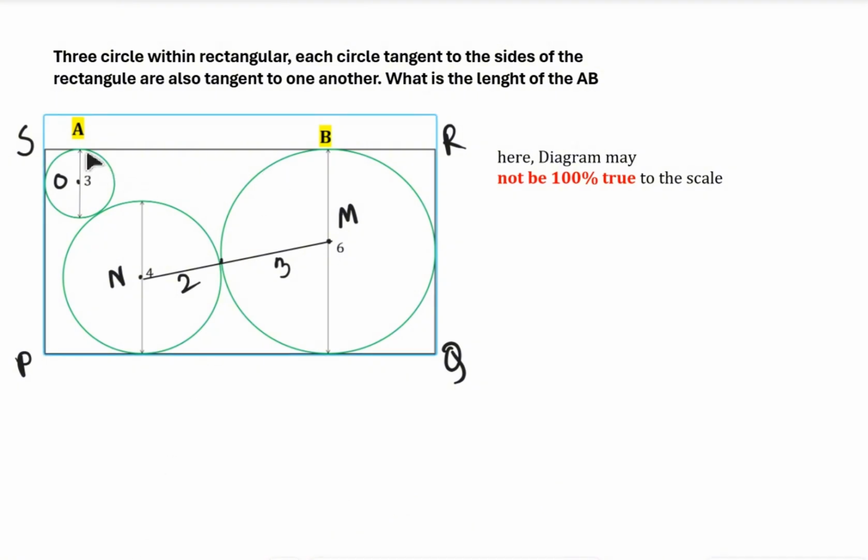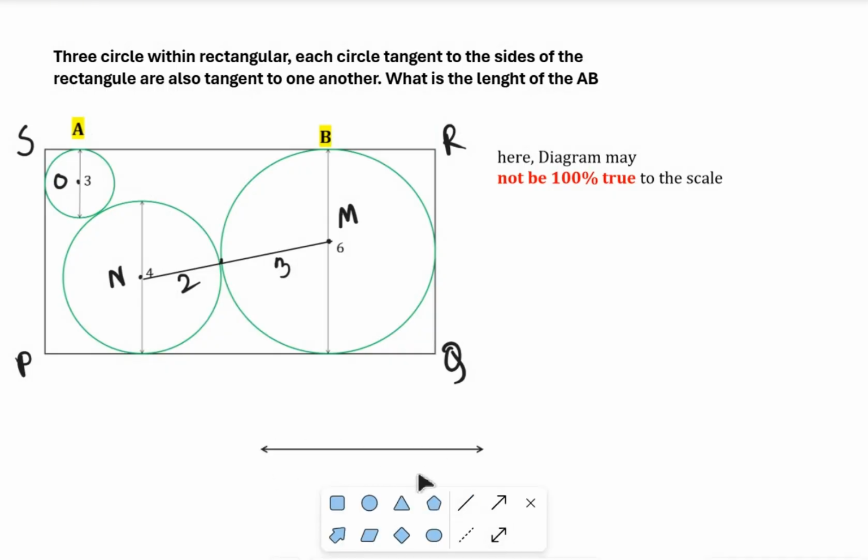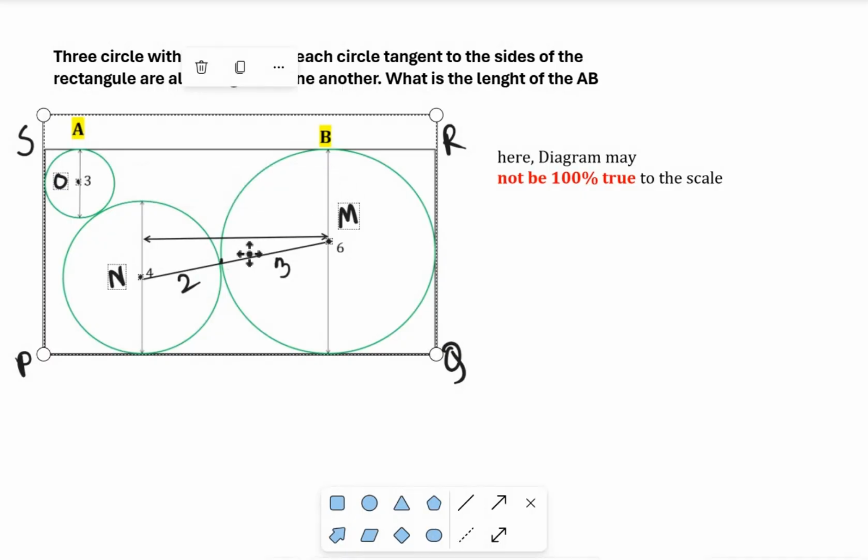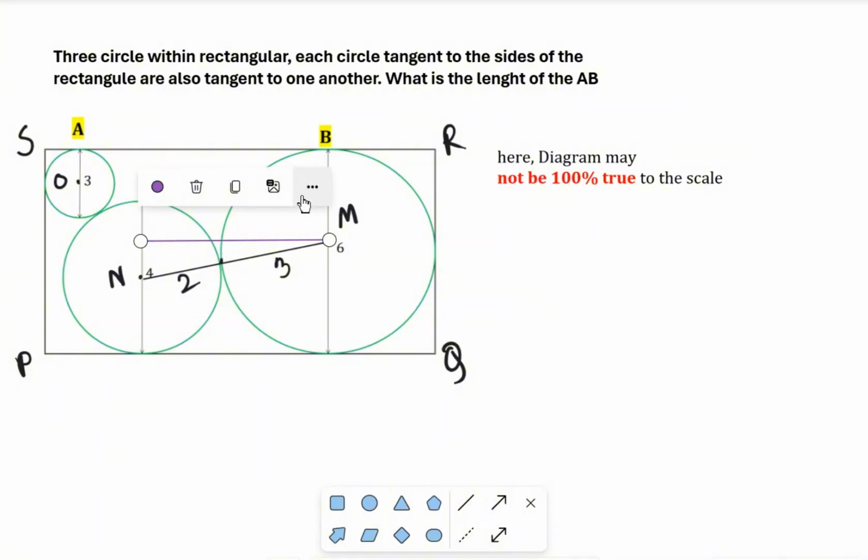So our main goal is to determine the length of AB. Indeed, we have to determine the length up to this much. So this length is actually a part of the AB length, right?